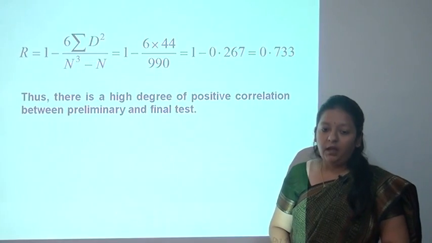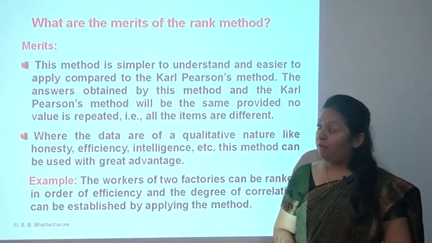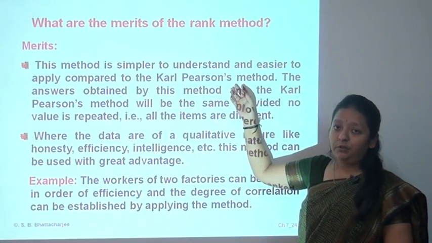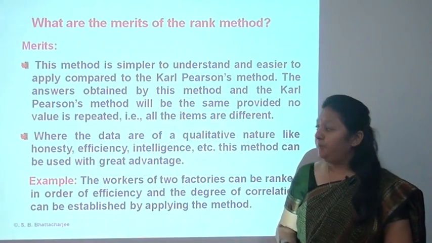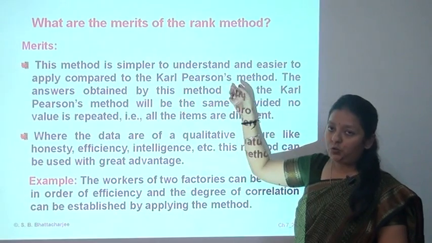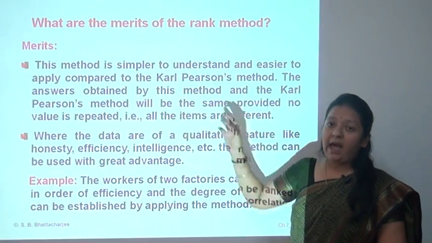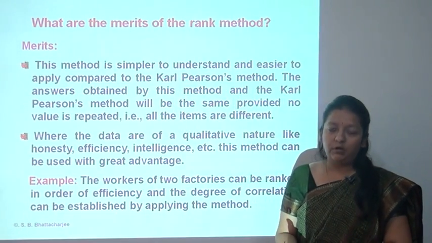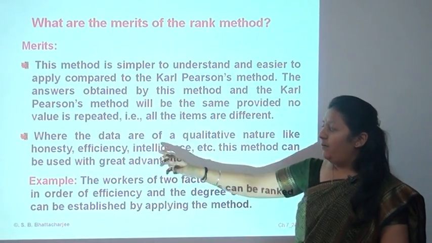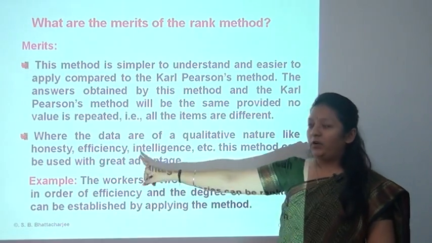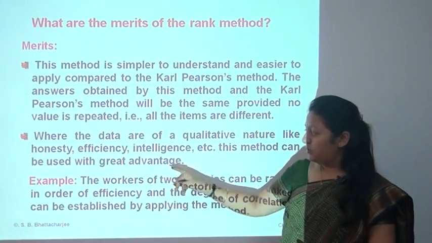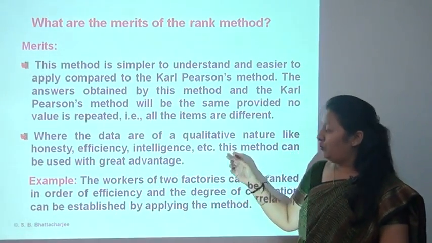Next, what are the merits of the rank correlation coefficient? It is simple to understand and simple to calculate as compared to Karl Pearson's correlation coefficient, where the data are of a qualitative nature. For example, data on honesty, efficiency of workers, and intelligence level can be checked.